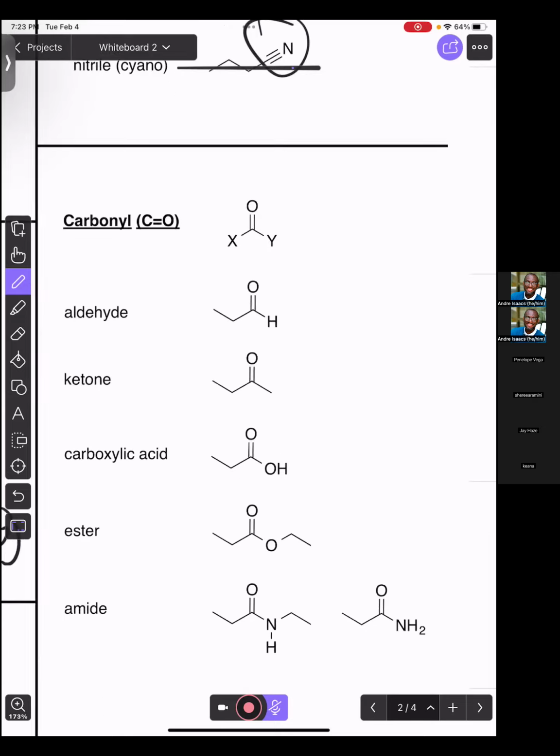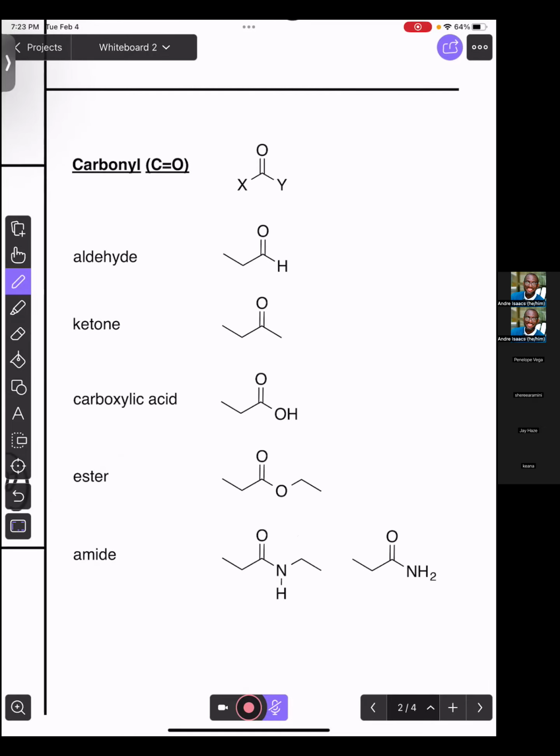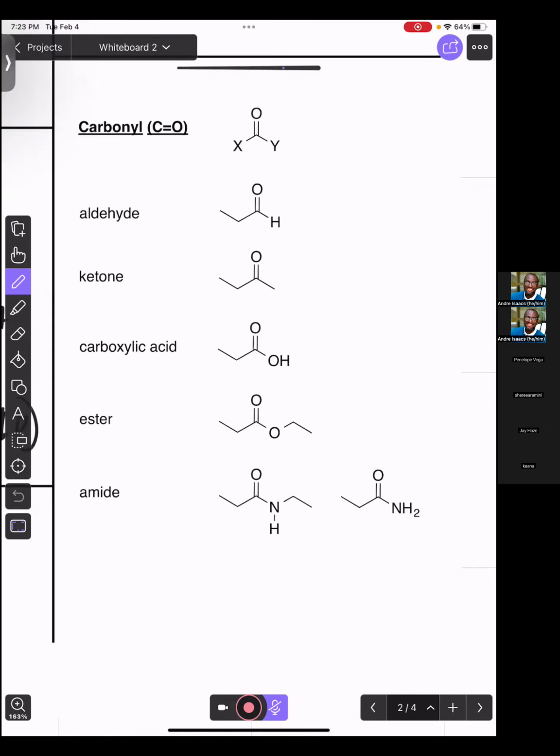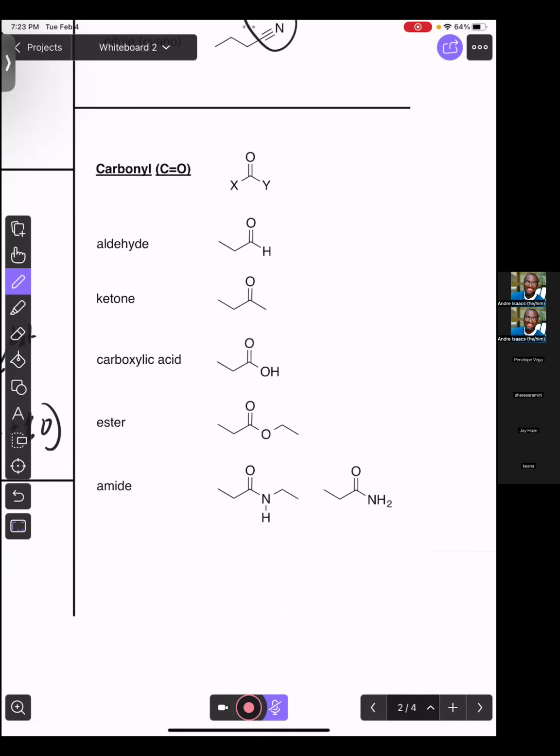All right, my final category is the carbonyl category, is what I like to call it. This is the most important category for me. I love this category. It has really, really awesome functional groups that you can recognize. And how you can tell that you're going to be in the carbonyl functional group category is the C double bond O. They all have this C double bond O. If you have a C double bond O, it's going to be one of these down here, right?